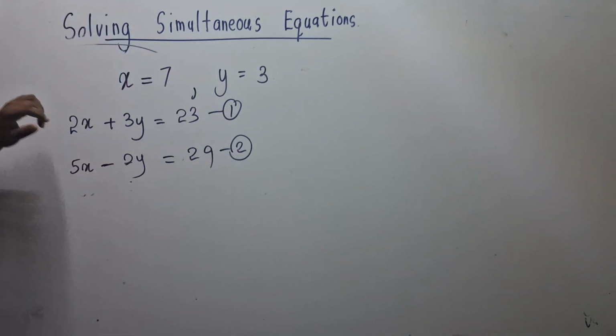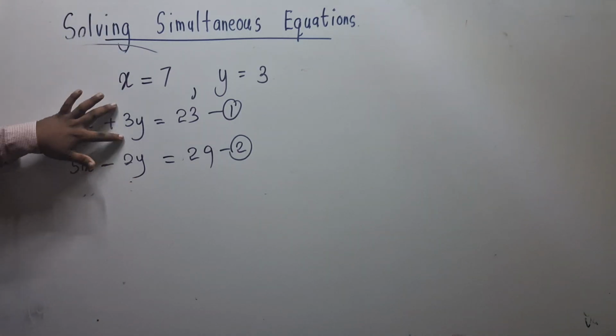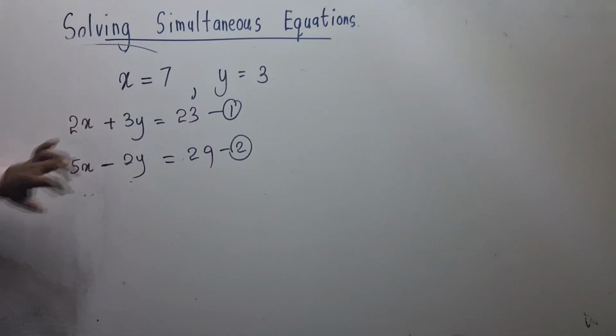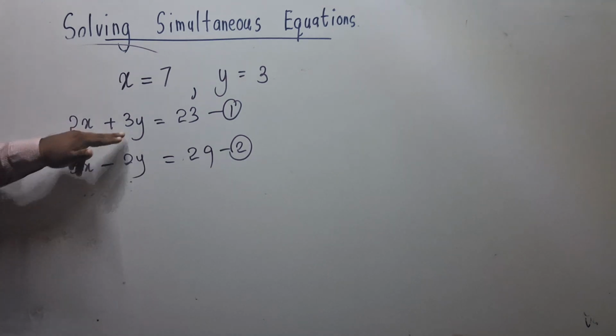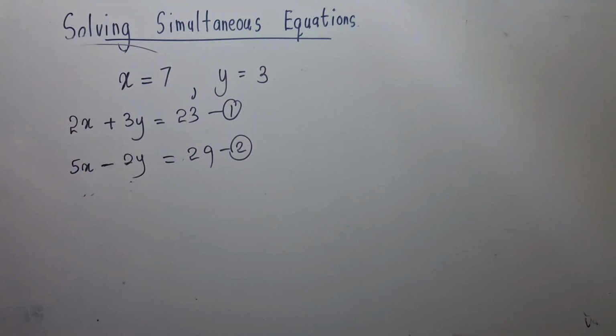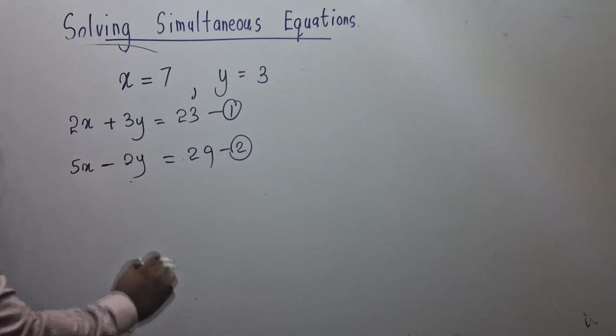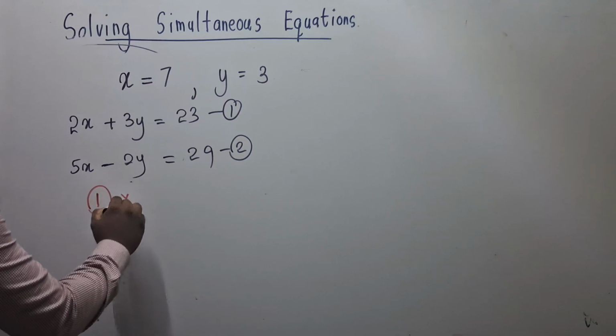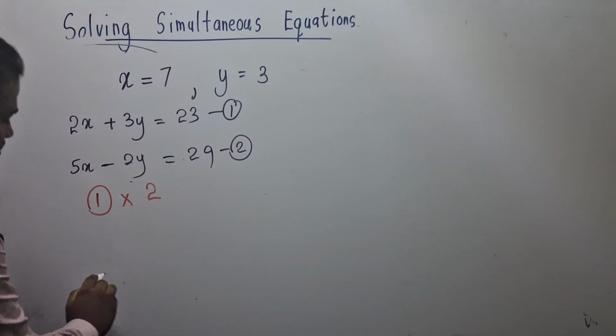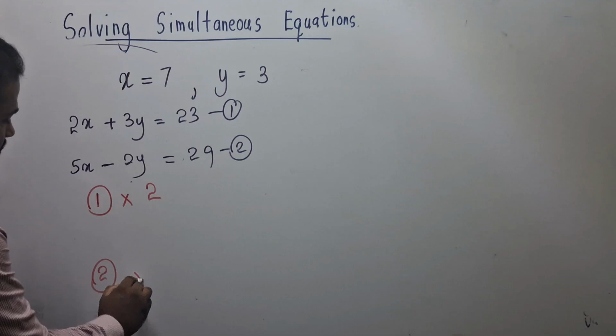Now you can see this 3y and 2y are in plus and minus form. Also their coefficients are not equal. So I have to make their coefficients equal. 3 times 2 is 6, 2 times 3 is 6. So I multiply the first equation by 2 and the second equation by 3.